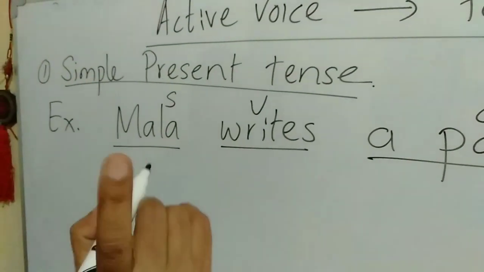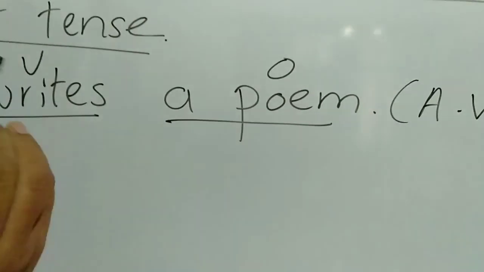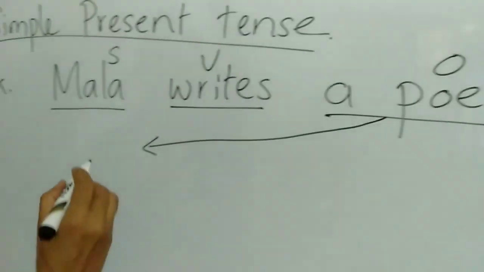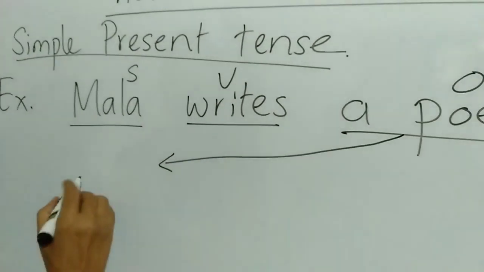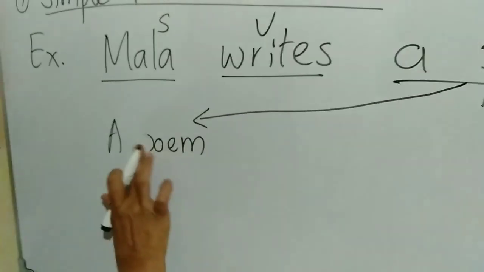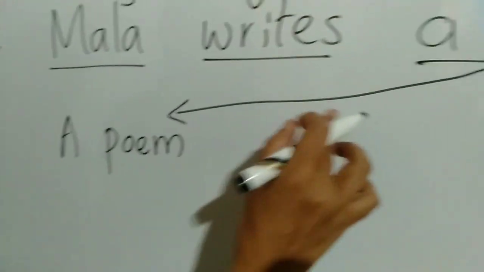When we turn this sentence into passive voice, you clearly notice that I take this object as the subject. A poem. Okay?